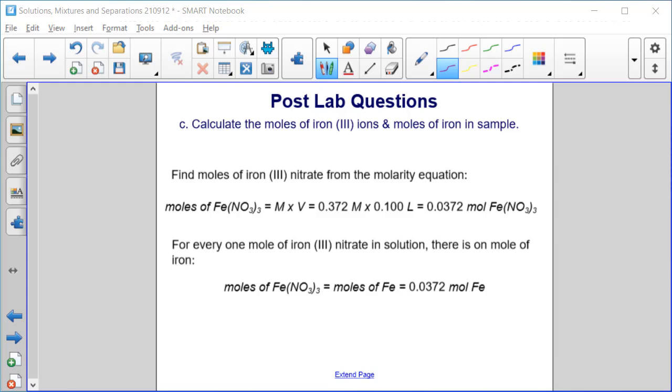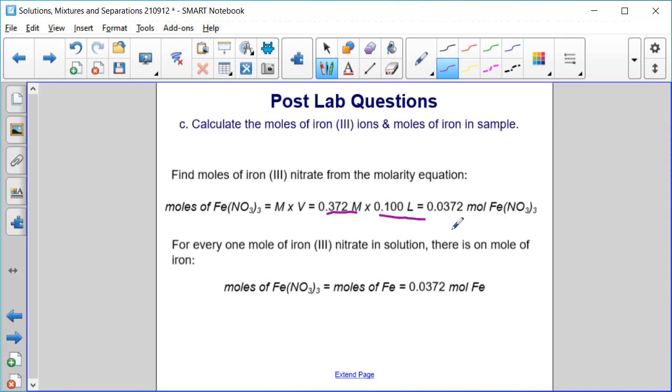So calculate the moles of iron 3 ions and moles of iron in the sample. So first find moles of iron 3 nitrate from the molarity equation. Remember that to find moles, we take our concentration, moles per liter, and we multiply it by our volume in liters. So our concentration was 0.372 molar, and we're told that it was in 100 milliliters.